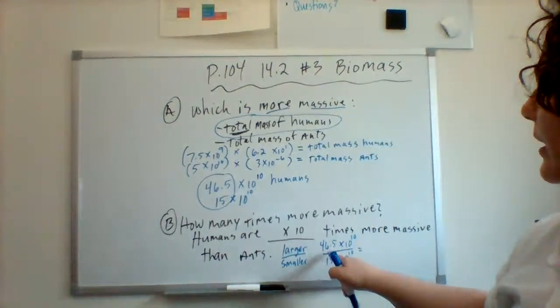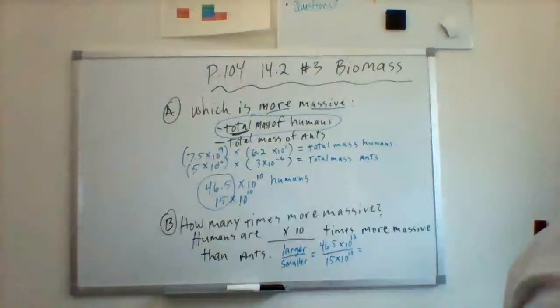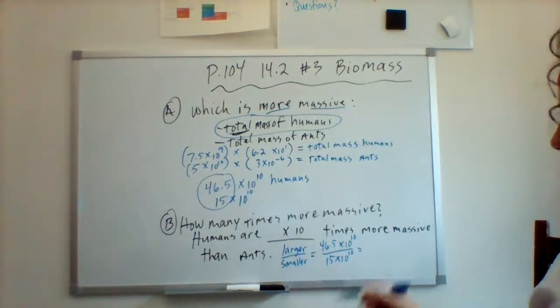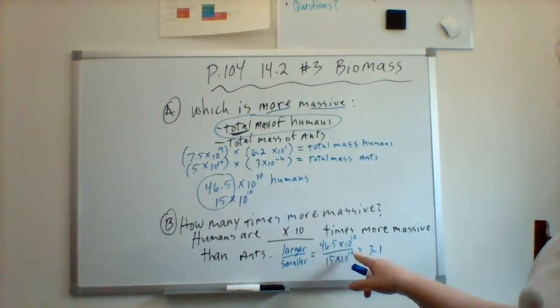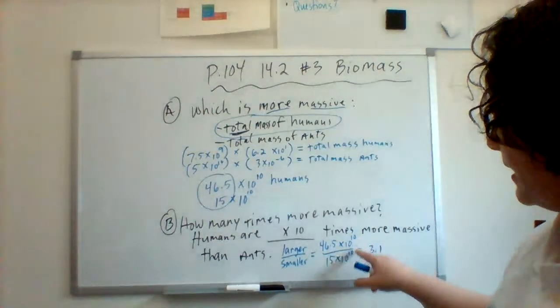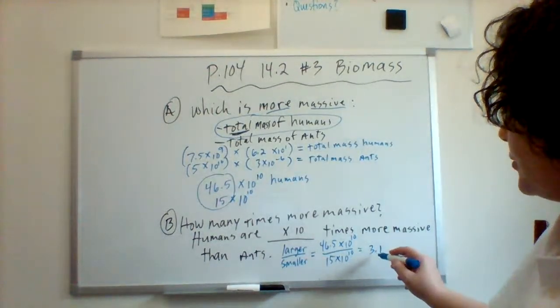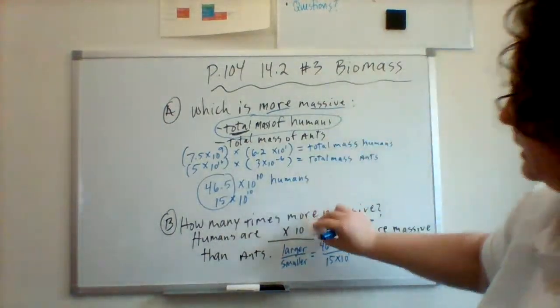What do you guys get when you divide 46.5 divided by 15? You guys should get 3.1. Now, this is kind of nice too, because 10 to the 10th divided by 10 to the 10th is just 1. So how many times larger? 3.1. So we could erase that part actually.